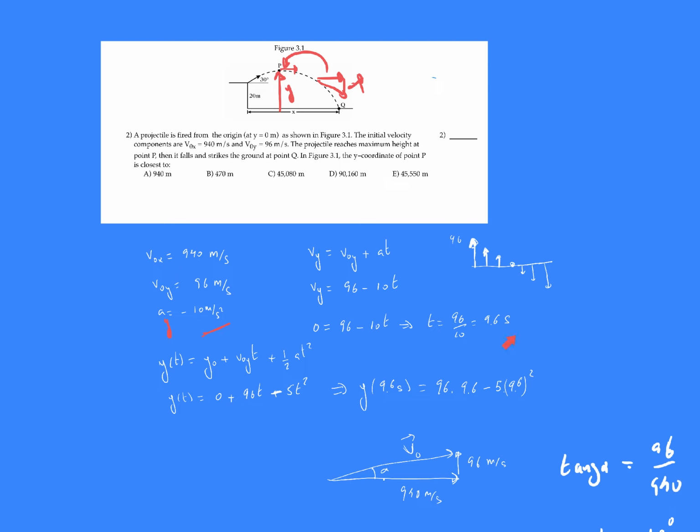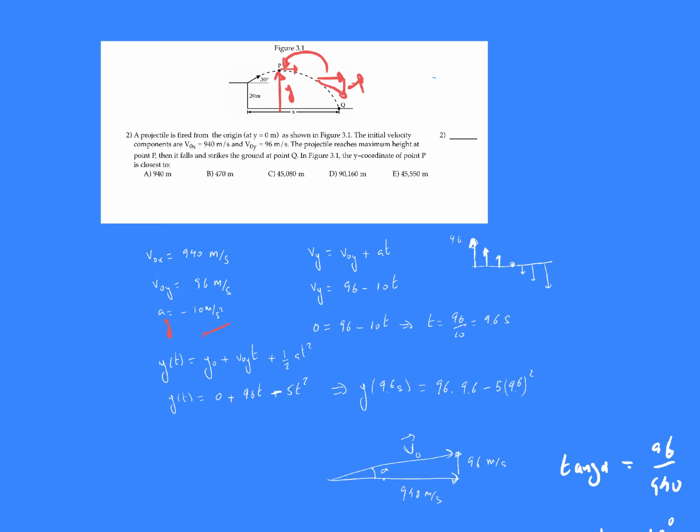Okay, because it's a motion with constant acceleration in the y direction, I will use the equation for constant acceleration of position, of displacement. So y of t is y0 plus v0y t plus 1/2 a t squared.